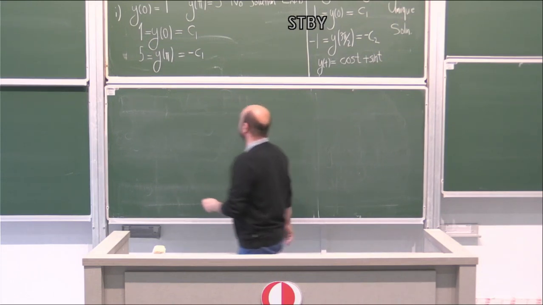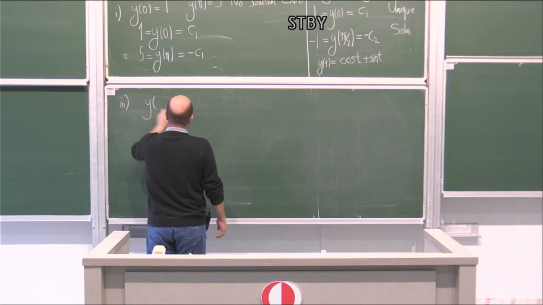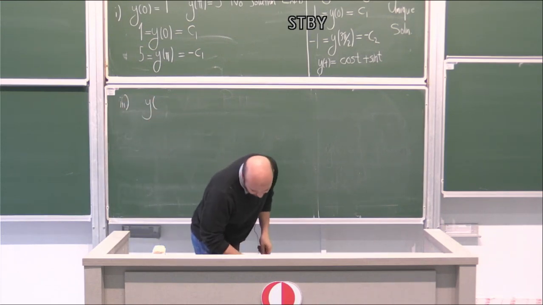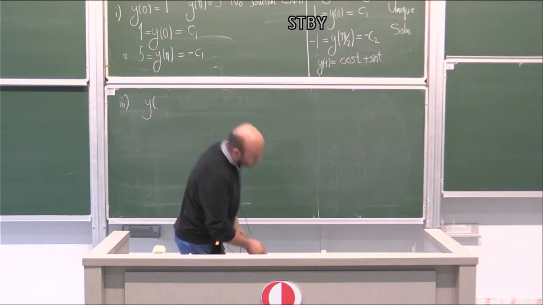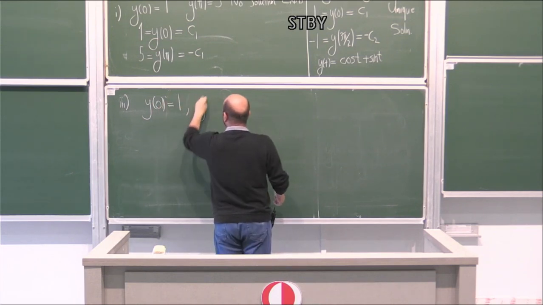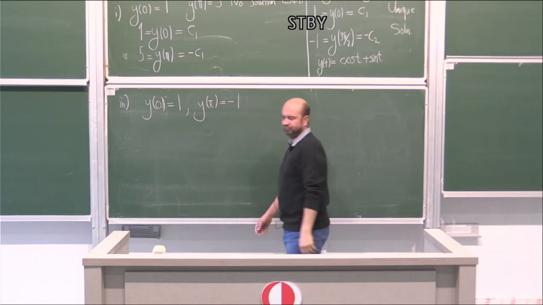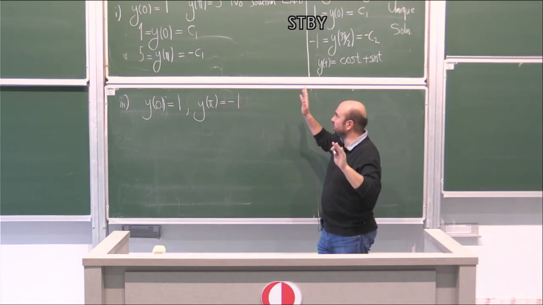Now the final one. y(0) is 1, y(pi) is minus 1. So I didn't change the differential equation, if you notice.